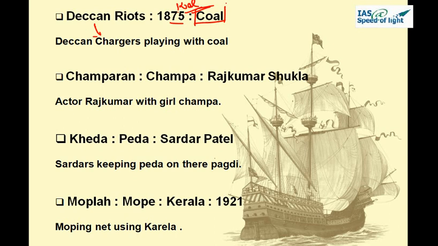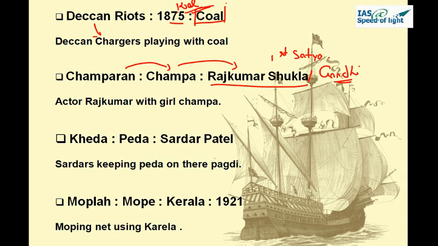Champaran Satyagraha, and Champaran we have already studied as Girl Champa, and we are relating it with Rajkumar Shukla. Rajkumar Shukla was the local leader there at Champaran. It was the first Satyagraha by Gandhiji on Indian soil. So actor Rajkumar with Girl Champa.